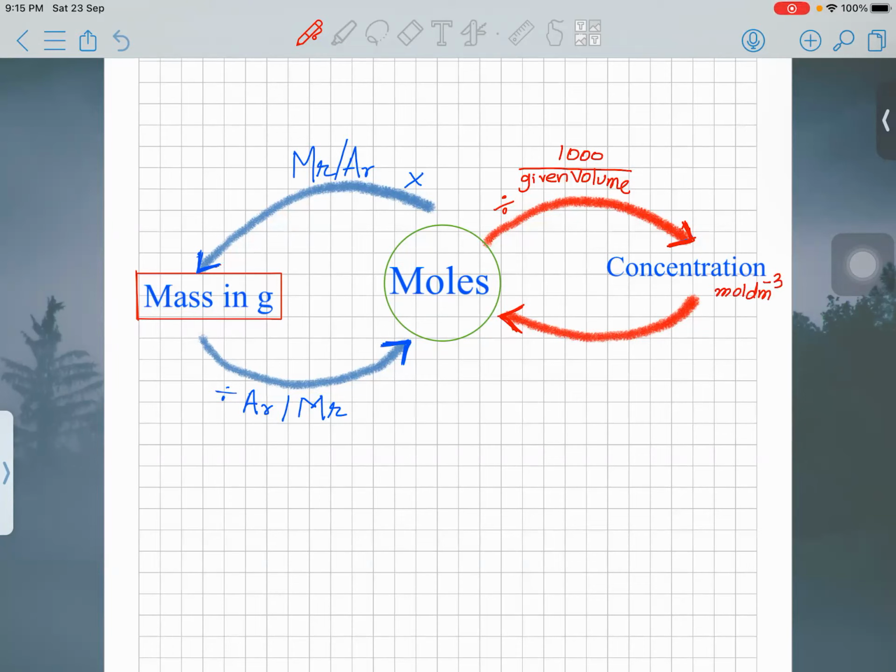Similarly, when you multiply concentration by the given volume and divide it by 1000, you will get the moles.